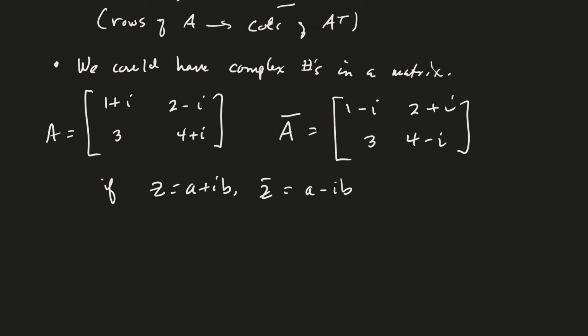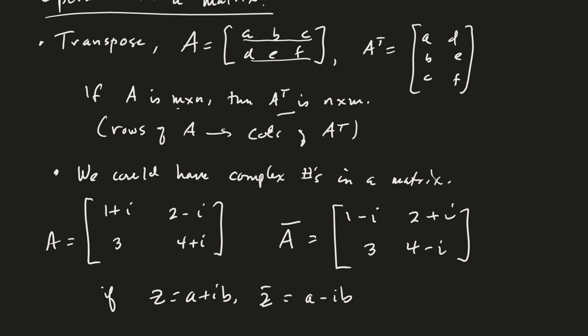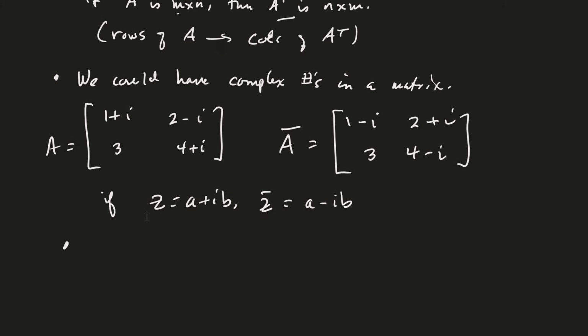Good. The reason we're bringing up the conjugate of the matrix is that when you're taking the transpose of a complex matrix, usually you want the complex conjugate transpose. There's a special symbol for that: A star is equal to A bar transpose.